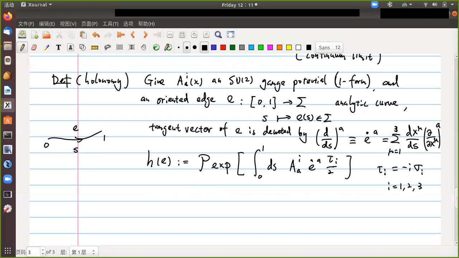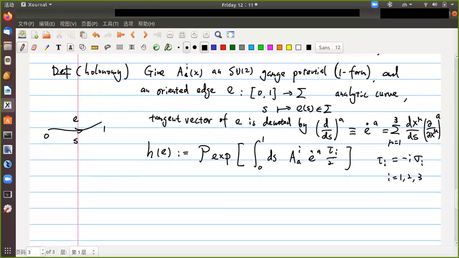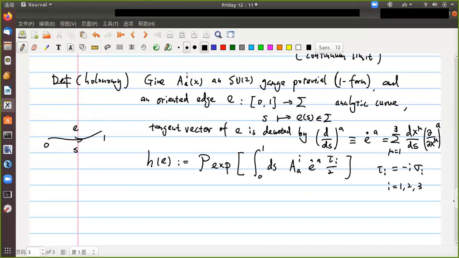And secondly, you are integrating non-abelian, non-commutative matrices, so when you take the exponential, you have to take care of the path order. You are exponentiating this integral of non-commutative matrices. I will come into more detail about this path order and show you explicitly what it is.